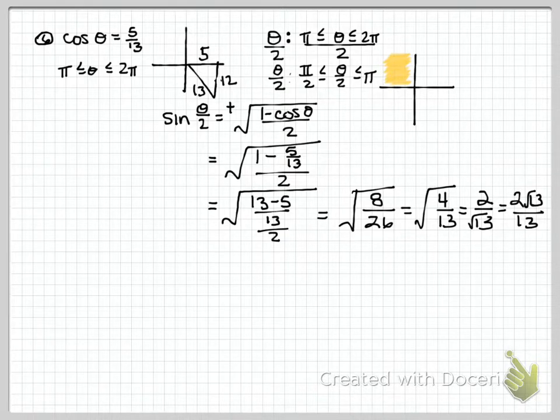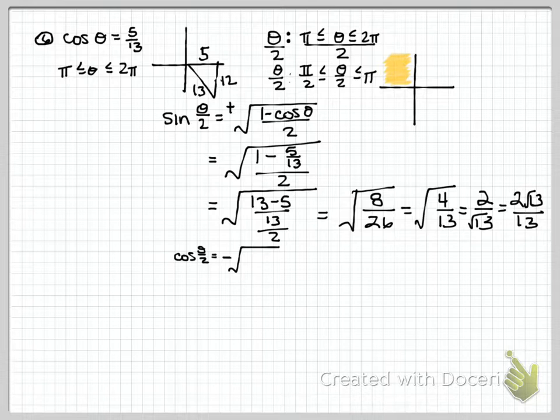Let's do cosine. Same thing. Now we're still in that second quadrant, and so the cosine of theta over 2 is going to be, this time it's going to be negative, because cosine is negative in the second quadrant.